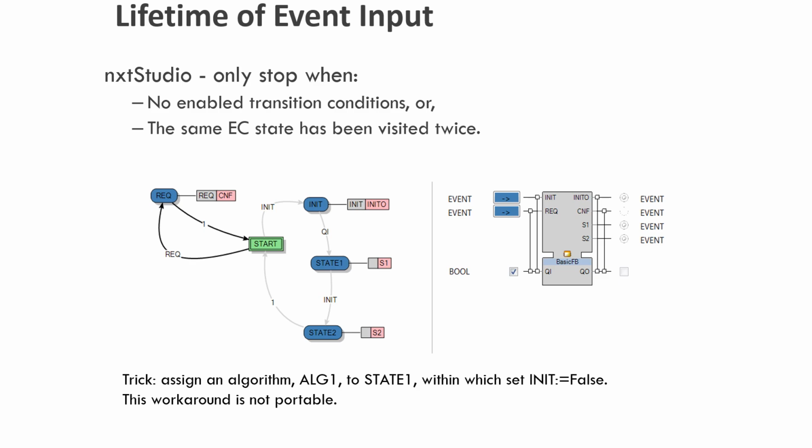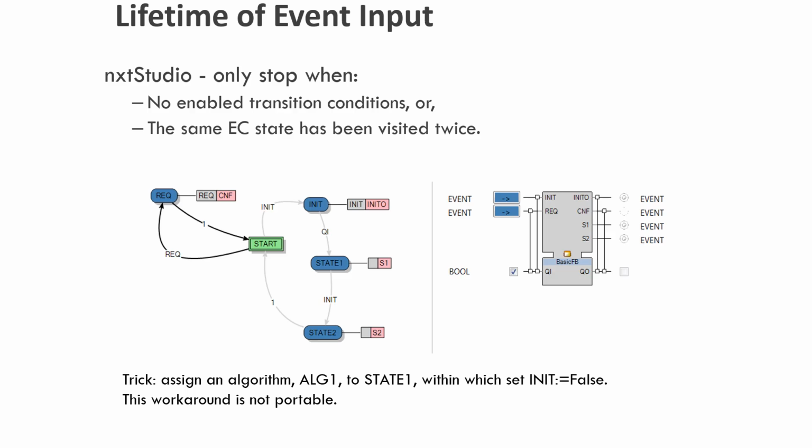If we made a circle and come again to the same state, then the event input will be reset. Like in this case, init arrives, so the block will jump here. Then this is just a Boolean variable, so the block will transition to state 1. Then again init, and this will be used without waiting for init to come a second time.